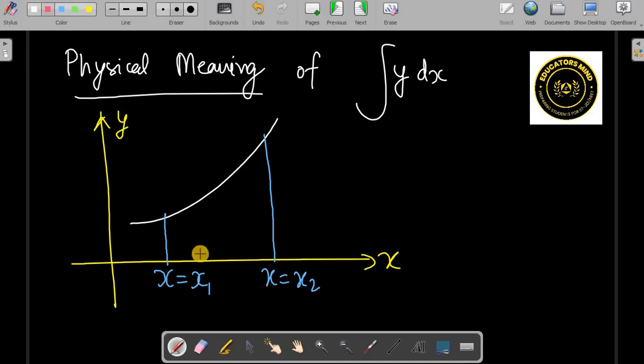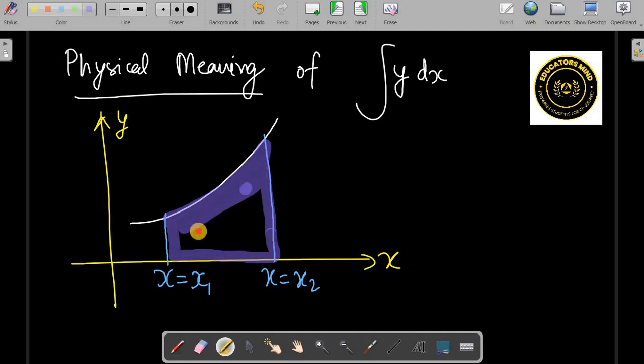If I want to find the area under this graph, that means with respect to the x-axis, how do we calculate this area?